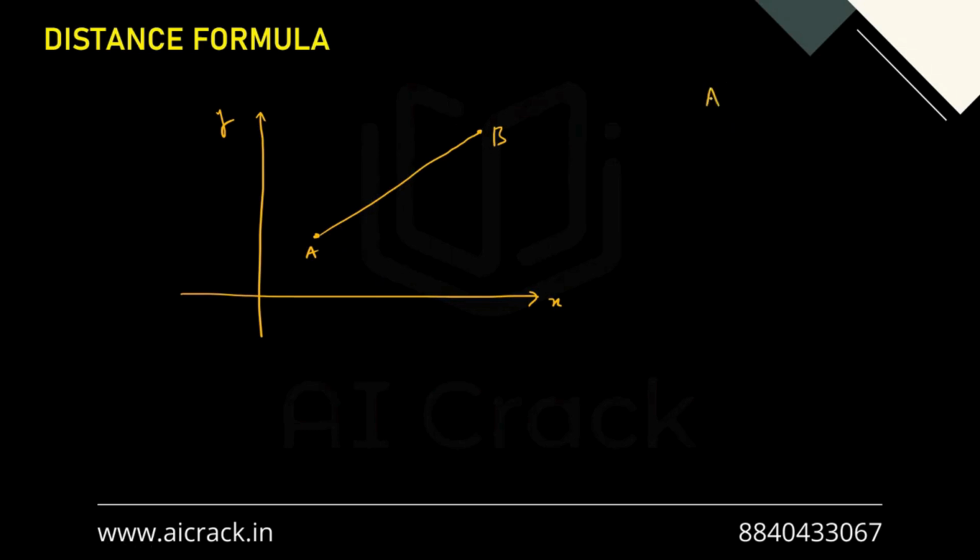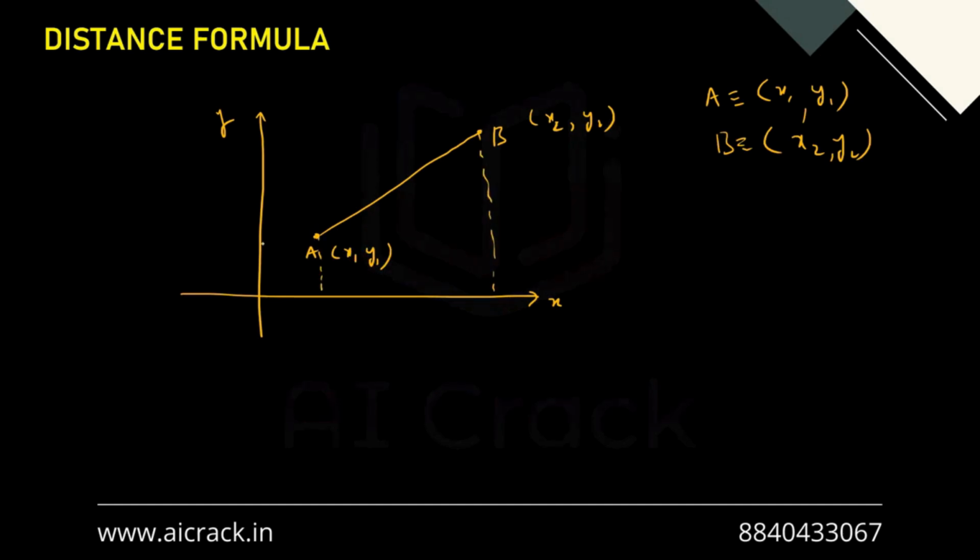Let's say A has the coordinates x1 and y1 and B has the coordinates x2, y2, right? So this is x2, y2, this is x1, y1. Okay. Now I'll start dropping perpendiculars from these points, one perpendicular from A and one from B to x-axis. Okay. Now these all are perpendiculars.